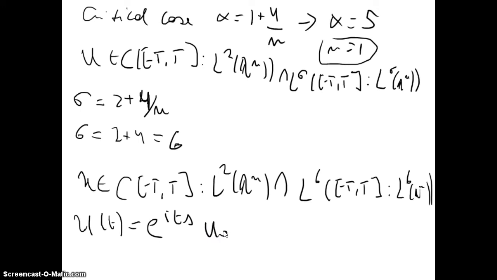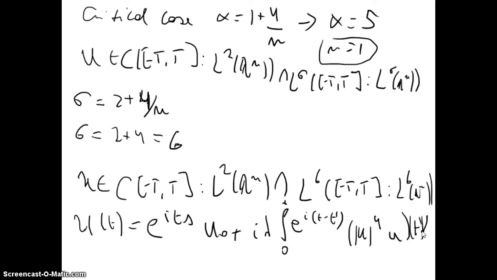Okay, this is in the case where our equation is the following, but with the exponent of absolute value of u to alpha minus 1, integrated over t' dt'. So we also always have to have u0 in L2.